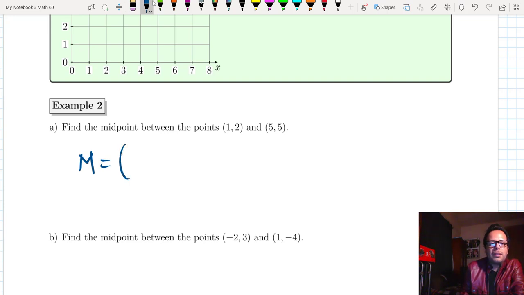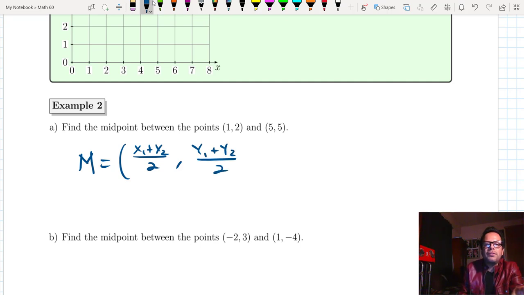It's going to be the sum of x1 plus x2 divided by 2. That is the average, if you will, because notice we are adding two quantities and then dividing by 2. That's basically finding the average. And then y1 plus y2, divide that by 2.